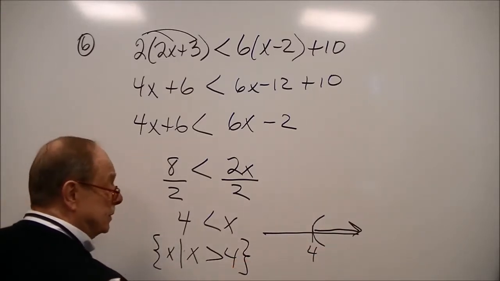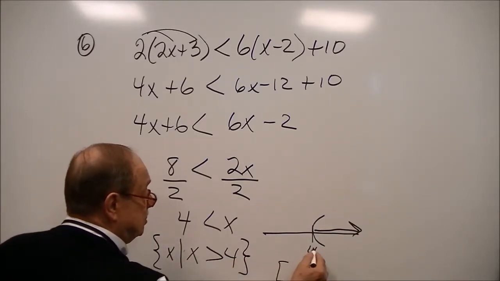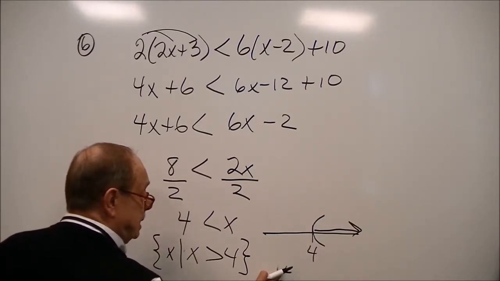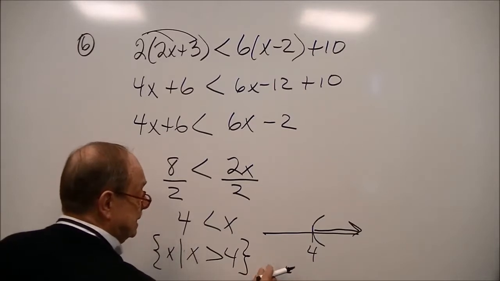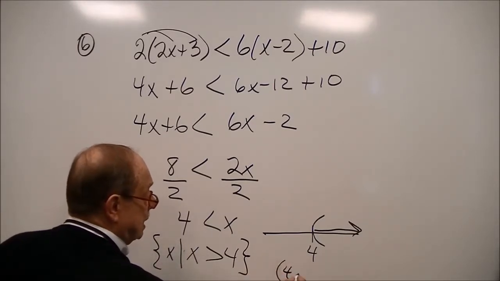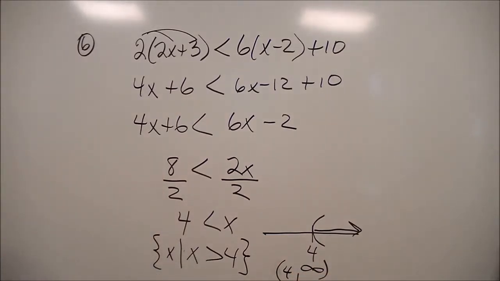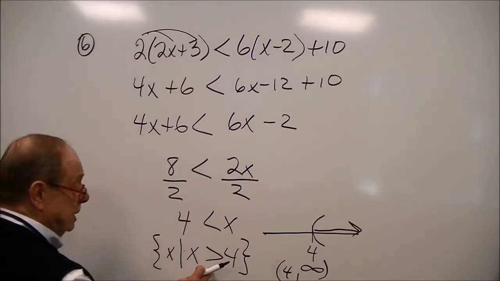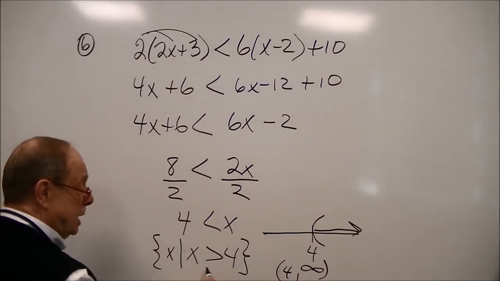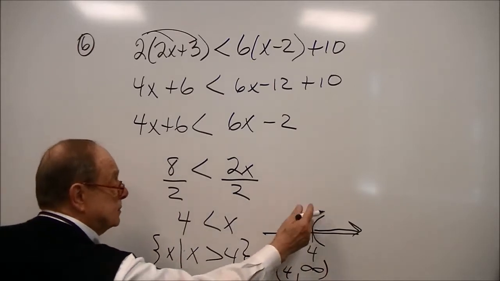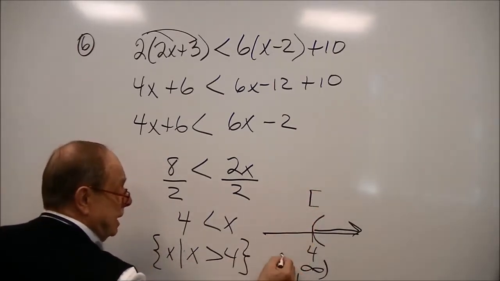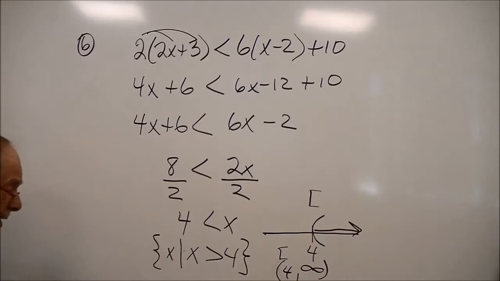Now interval notation would be starting with 4, and I need a parenthesis, and it's going up to positive infinity. Now, if this were equal, it's not, but if it were equal, the only difference is this would be a bracket and this would be a bracket. Okay.